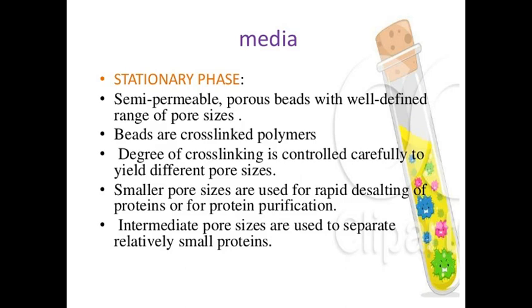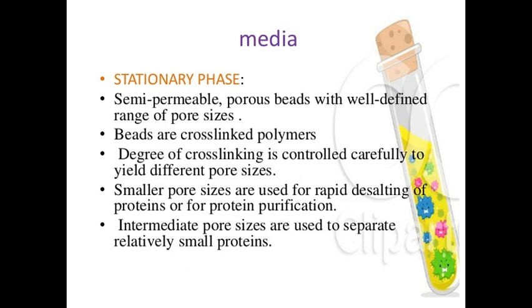Okay, so beads are cross-linked polymers, meaning agarose, acrylamide, polyacrylamide, starch, Sephadex, dextran. These are the gelling agents routinely utilized in gel filtration chromatography to prepare the gel beads. These molecules can cross-link to each other and form a porous medium.